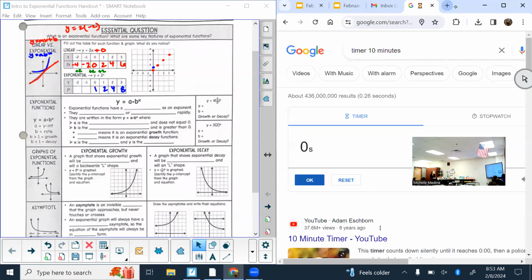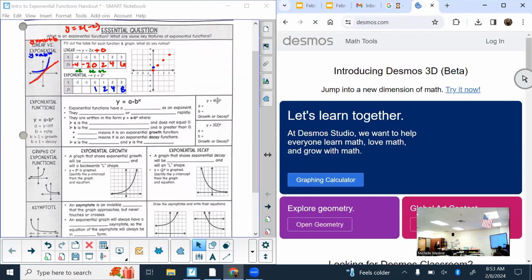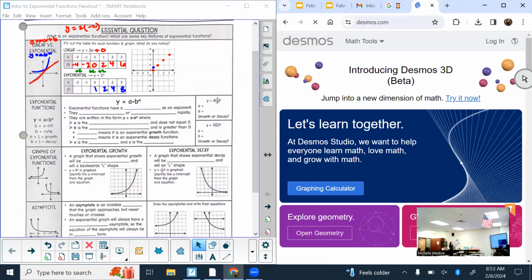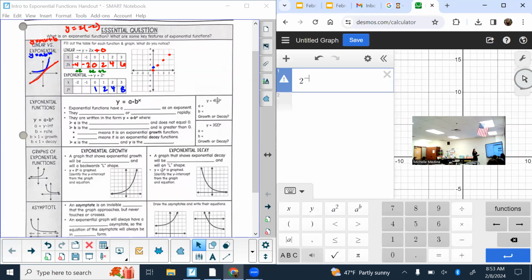Anytime you have a table of values, even if it's an equation you're not familiar with, just plug it into the variable. So then I have 2 to the -2. That's 0.25. I don't know, that's not gonna fit for me. I'm gonna put 1/4, so that's the same thing.